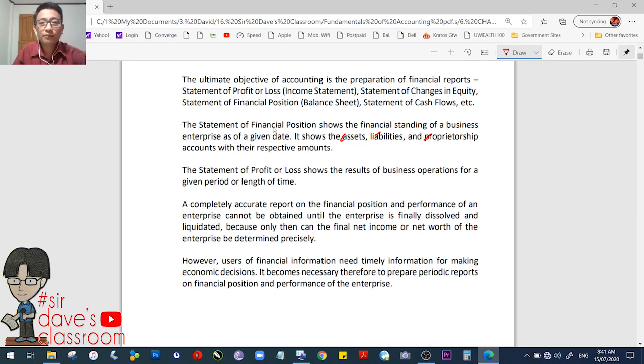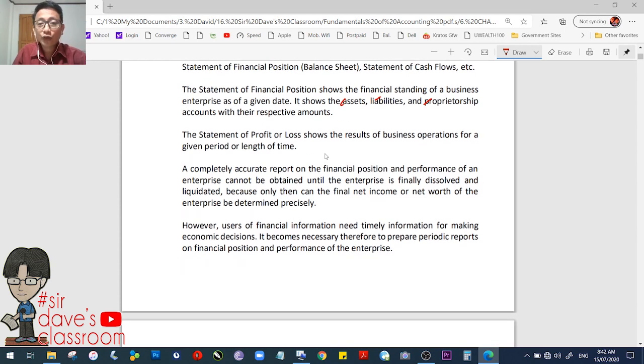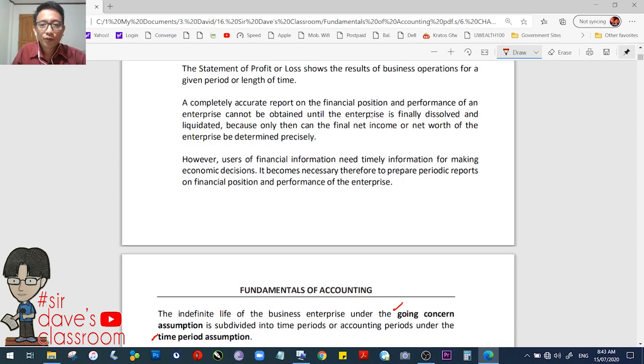The accounts involved here, as we all already know, are called real accounts. The statement of profit or loss shows the results of business operations for a given period or length of time. Accounts involved here are called nominal accounts. A completely accurate report on the financial position and performance of an enterprise cannot be obtained unless the enterprise is finally dissolved and liquidated, because only then can the final net income or net worth of the enterprise be determined precisely.